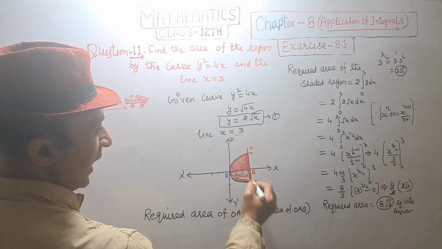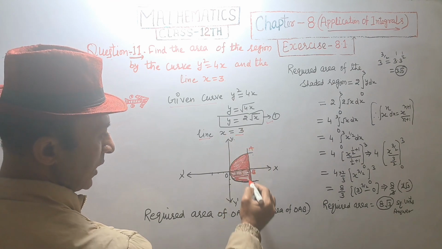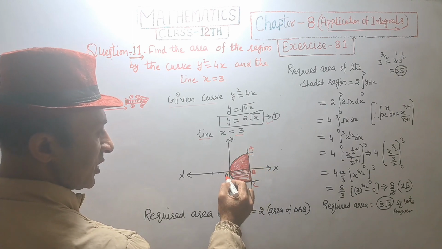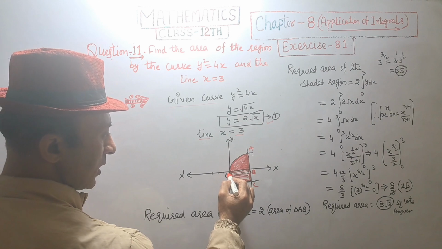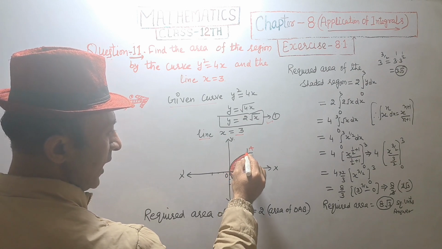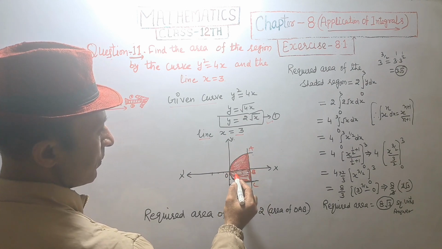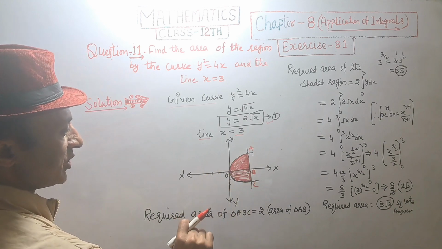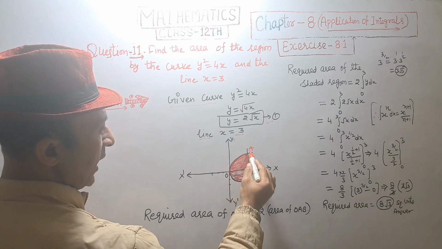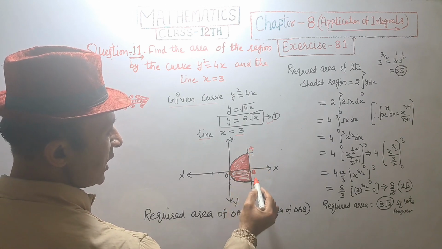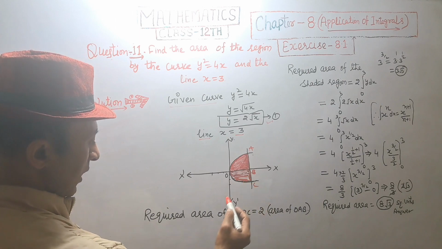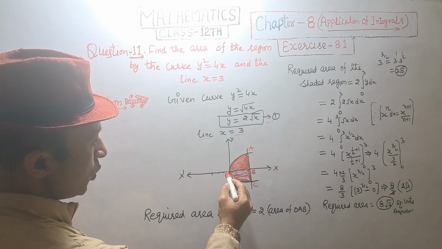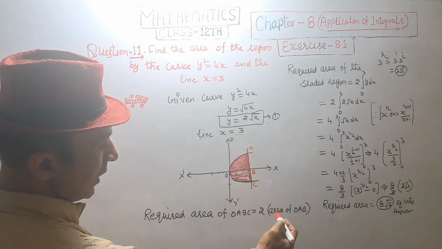We draw the line x equal to 3, and this point is O, A, B, C, and we want to find the area of the shaded region. So OAB is equal to OCB, and required area of OABC is equal to 2 times of area of OAB.